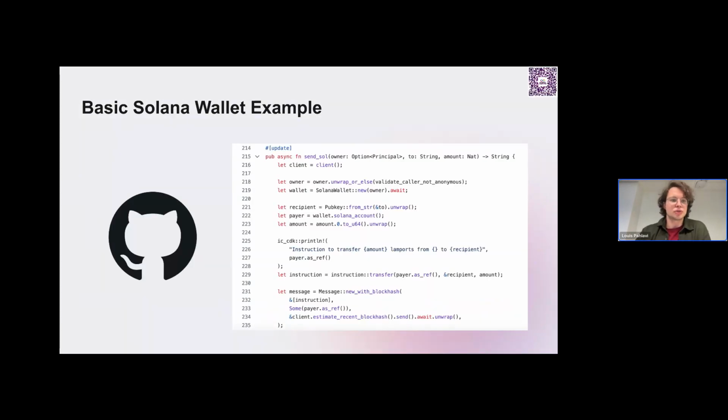So I'd now like to refer you to some resources that we have, namely the basic Solana wallet example. If you really want to dive into the code and get a feel for this, play around with a canister that interacts with Solana, this is it. It's available on GitHub.